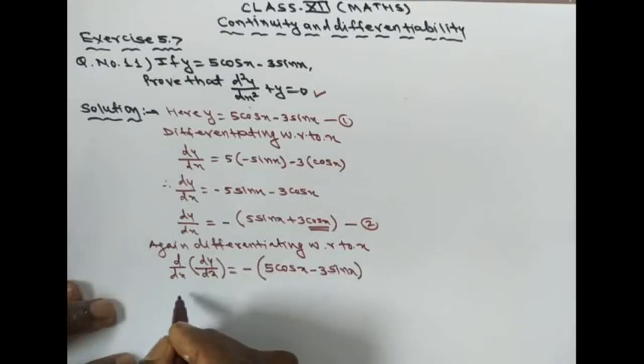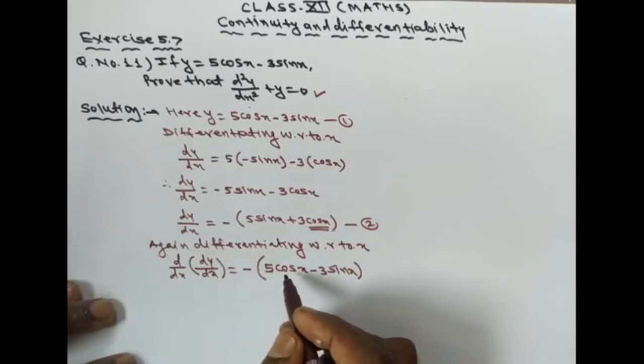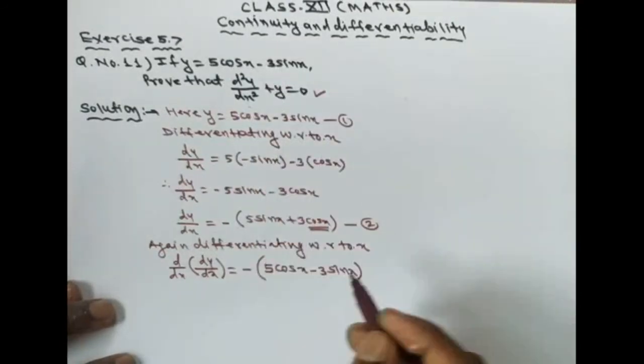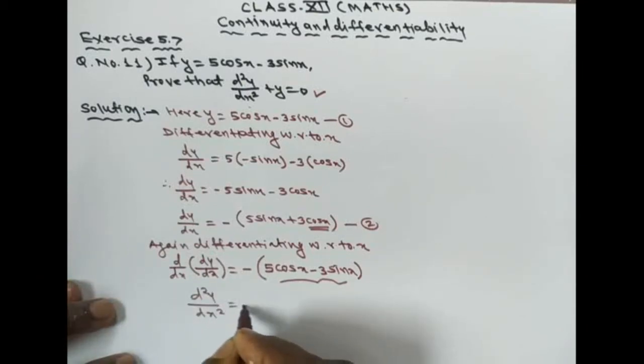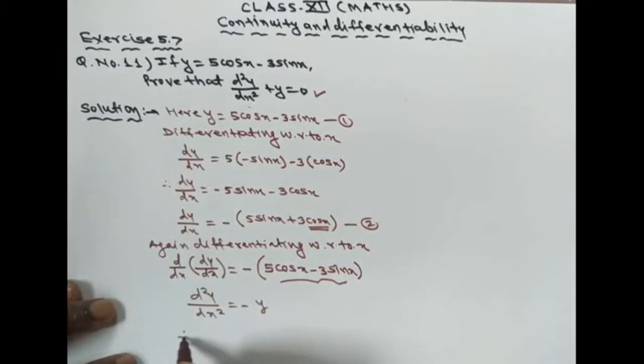Now what is 5 cos x minus 3 sin x? This is your y. So the derivative of dy by dx is d square y by dx square equals minus y. Therefore d square y by dx square plus y equals 0. So this is the answer.